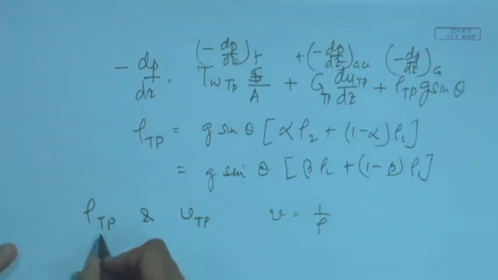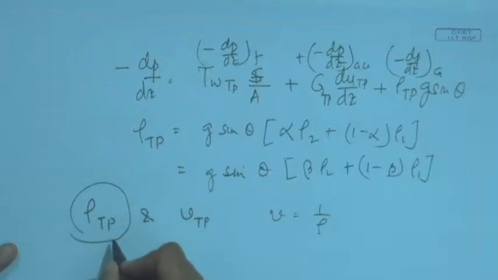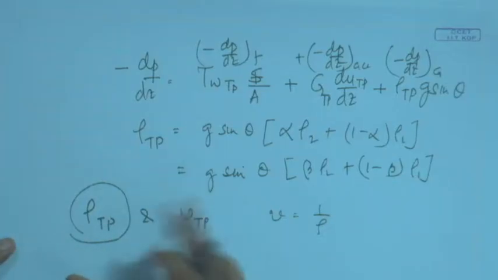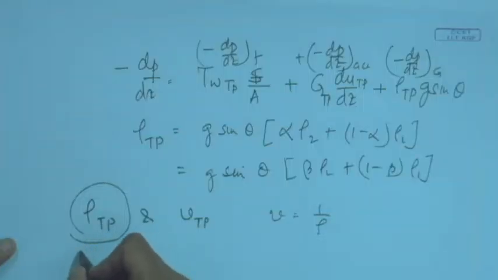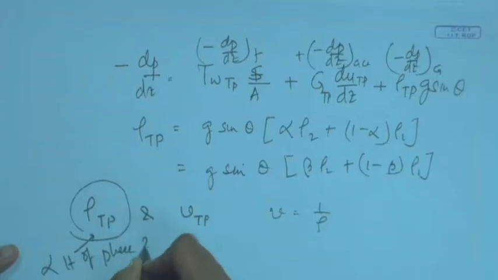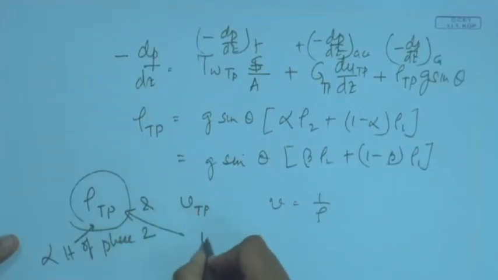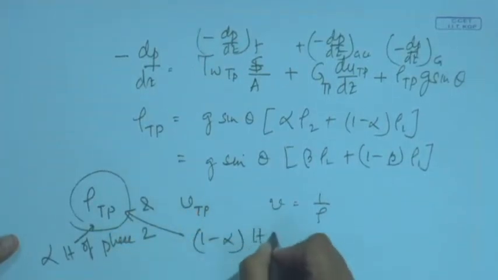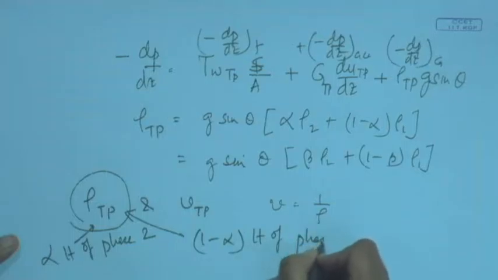We find that rho_TP refers to the weight of say 1 liter or 1 meter cube of the mixture. So, naturally, in that 1 liter of mixture, we have alpha liter of phase 2 and 1 minus alpha liter of phase 1.